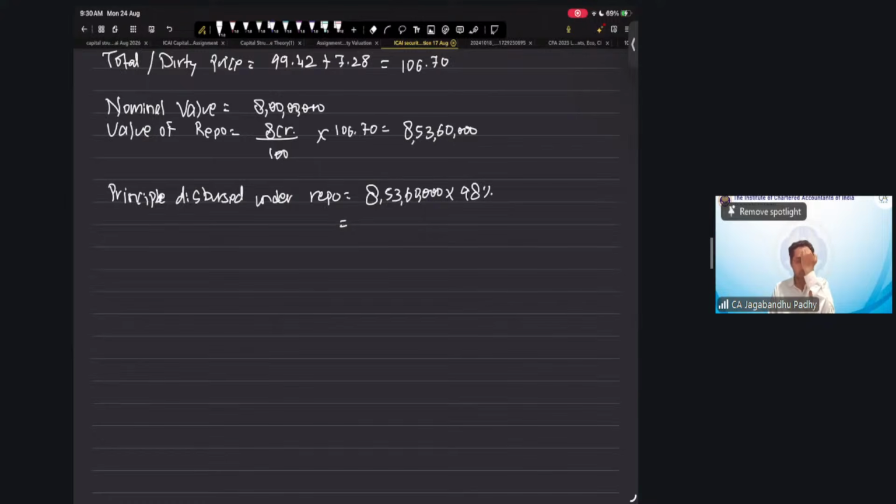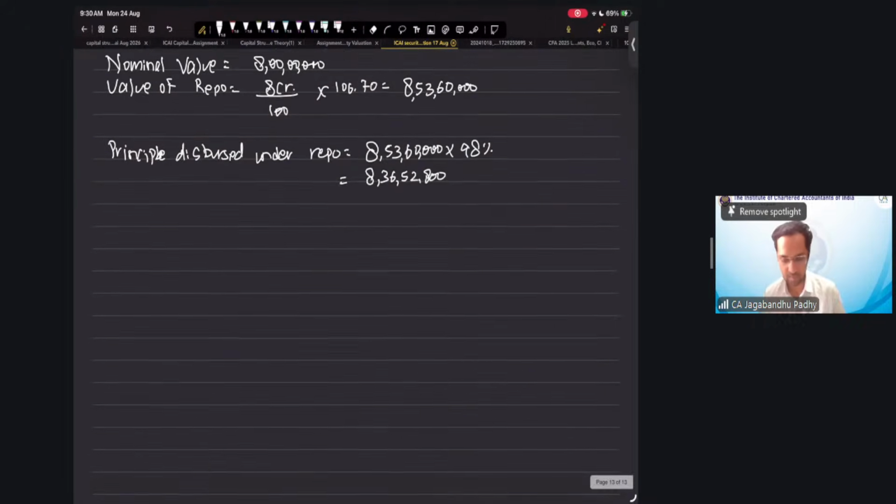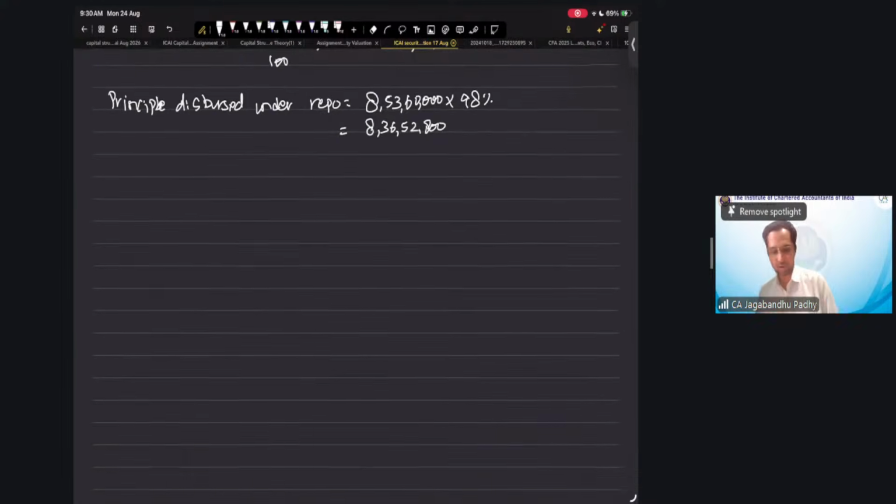Leaving that 2%, the rest of the amount is what we recover. So that is 8 crore 36 lakh 52,800. This is the principal amount which is disbursed under repo.